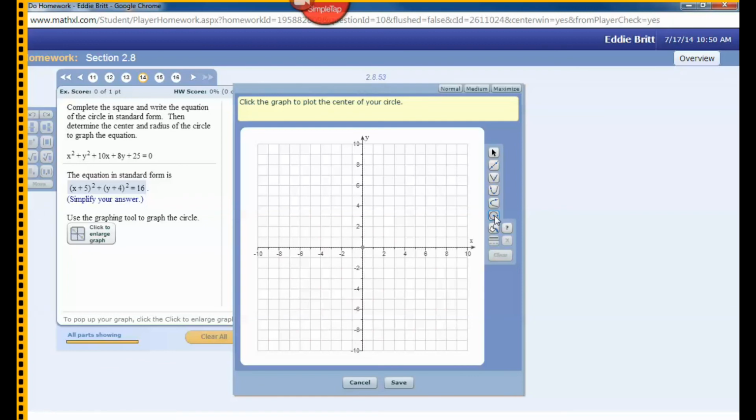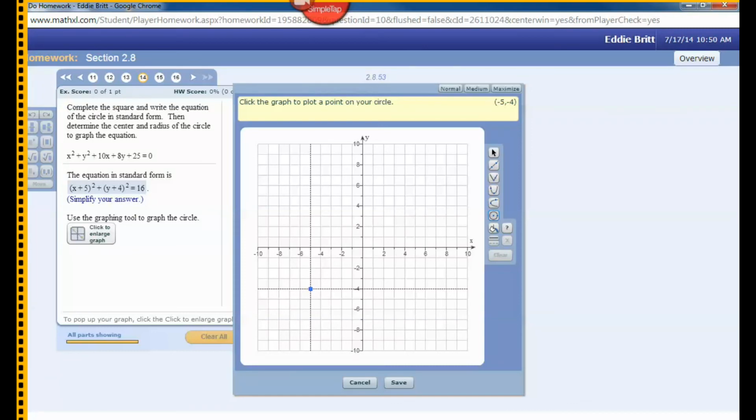We said the center was -5, -4. So from the middle, go to -5 on the X, -4 on the Y. Put a point. That's the center.